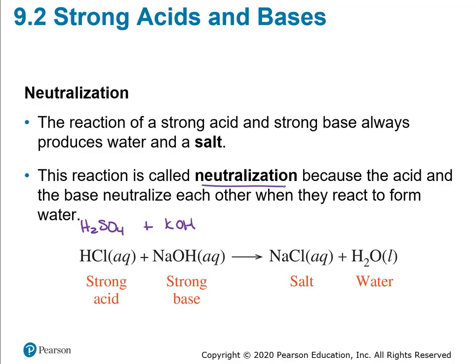In this neutralization, the outside pairs and the inside pairs will combine. So it's kind of like a double displacement. Remember when you had two compounds and they'd swap their partners? So in this, the H and the OH combine, just like here, the H and the OH. So see how those are kind of like the outside pairs?